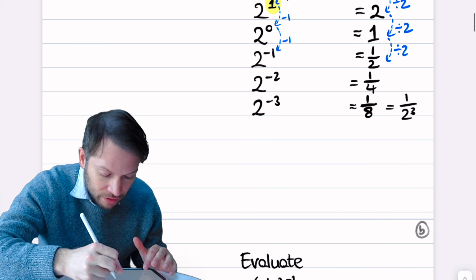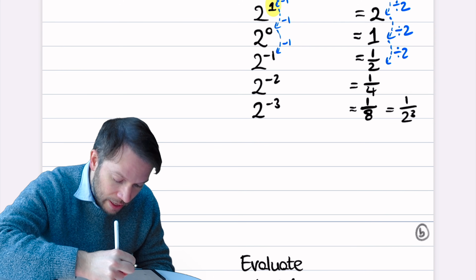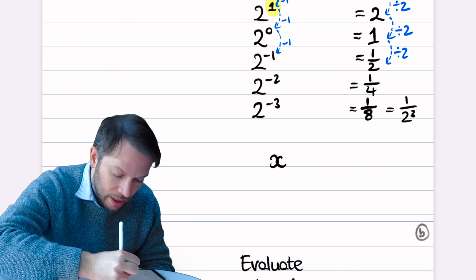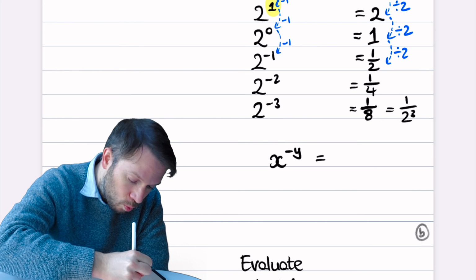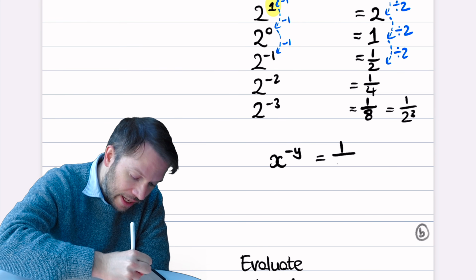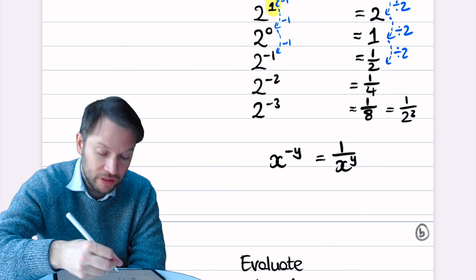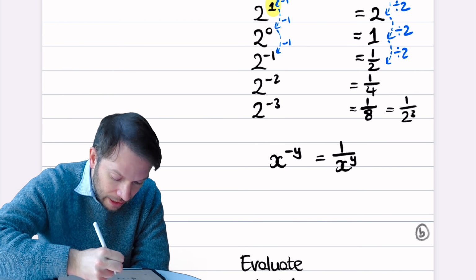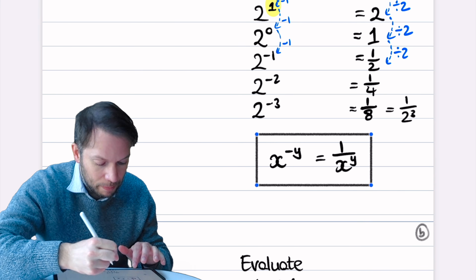So if you want a rule that you can write out, it's this. If you have x to the power of minus y, so a negative index, then you just do 1 over the same power, but with a positive index instead. So x to the power of positive y. So that is a key result that we're going to use in these few examples we have above.